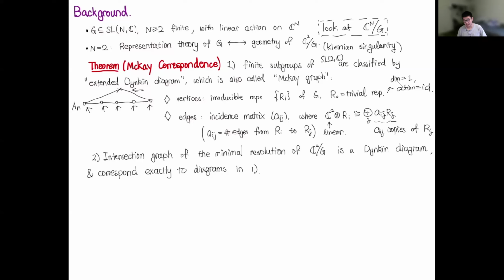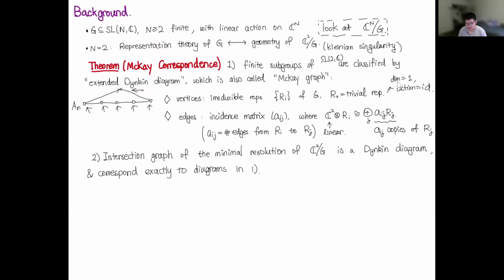So when you take a tensor product, you get some decomposition, and this decomposition gives you the number of edges from the vertex labeled by R_i to the vertex labeled by R_j.